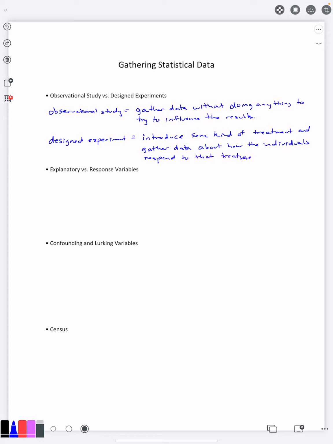So again, in the smoking scenario, maybe we would do some sort of incentive to try to get people to stop smoking.